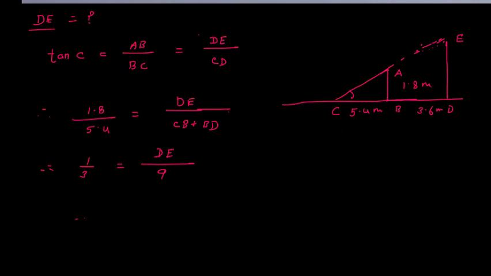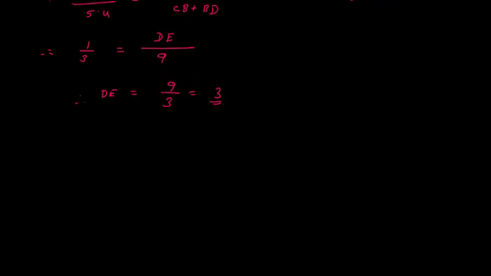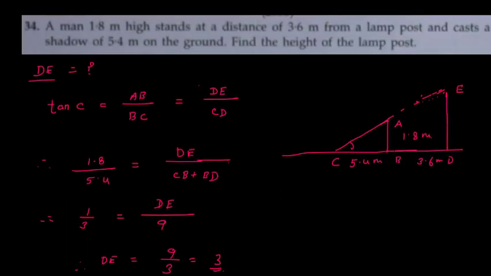So therefore height DE is equal to 9 divided by 3, which is 3. So height DE, therefore the height of lamp post is 3 meter. Okay, the problem is different, but it is a simple problem.